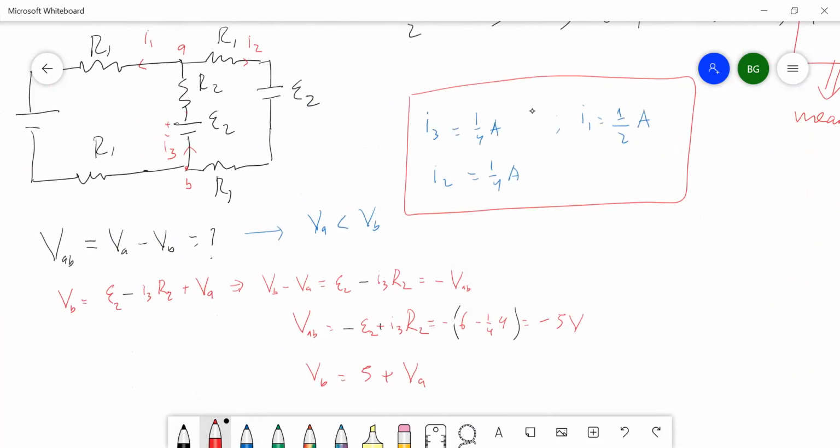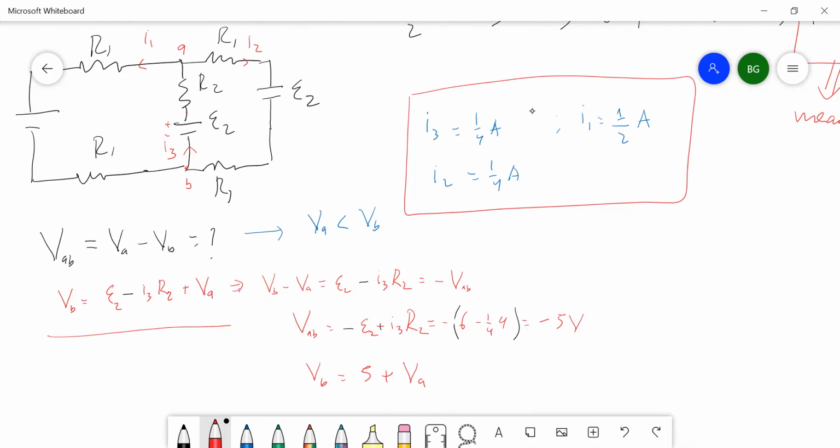So if this is the case, this is how to calculate the potential. With epsilon 2, the negative should be positive here, and because there is a potential loss here, it should be minus here. But this is for the correct one.